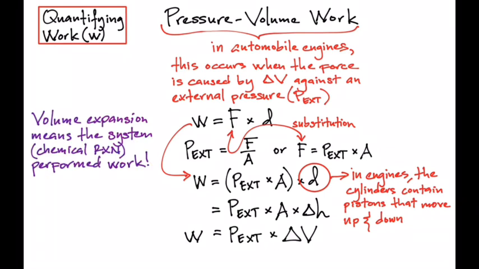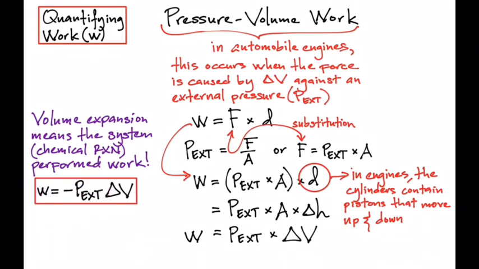Volume expansion means that the system, or the chemical reaction itself, performed work. Because remember that inside the cylinder, you're burning fuel, and that's a chemical reaction. And so because the chemical reaction resulted in the expansion of volume, it's basically pushing on that piston up, right? And so it's the system, the chemical reaction itself, that's performing work.